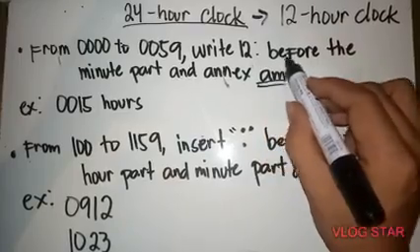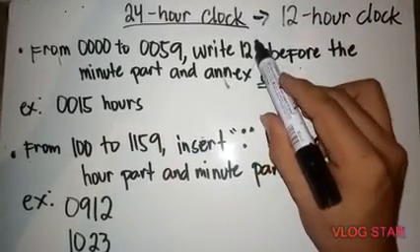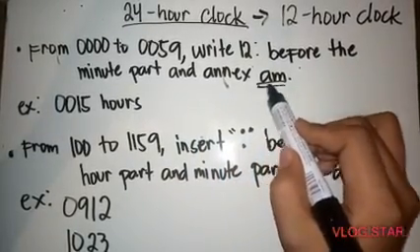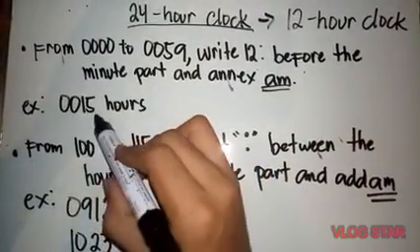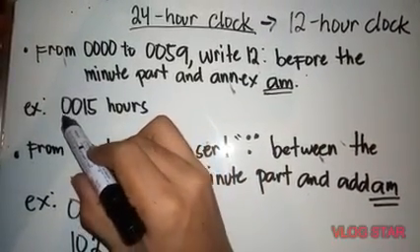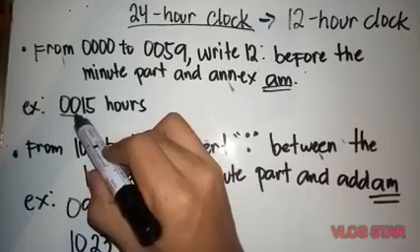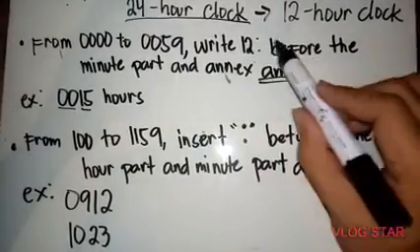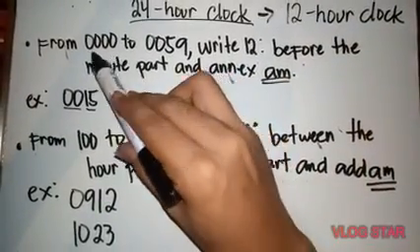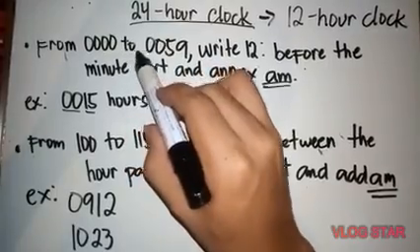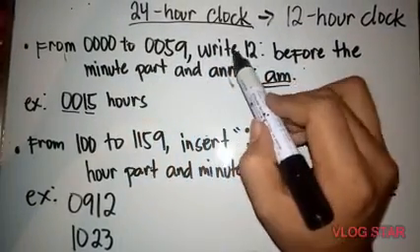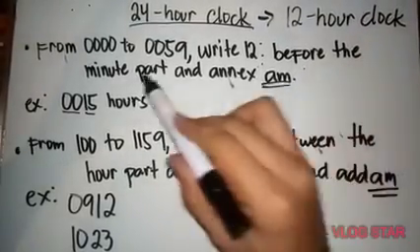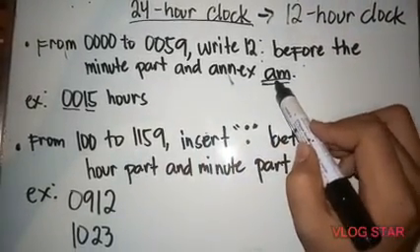Write 12, then this sign before the minute part and annex or add AM. In this case, the first two is the hour part and the second two is the minute part.